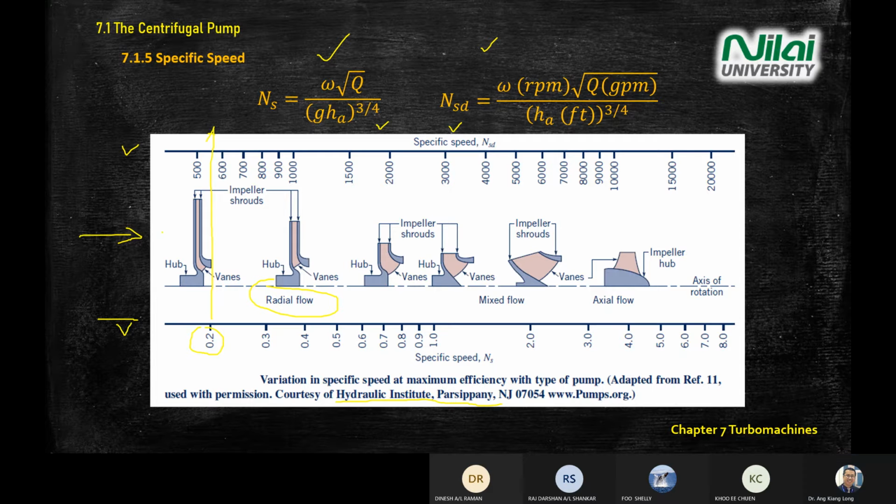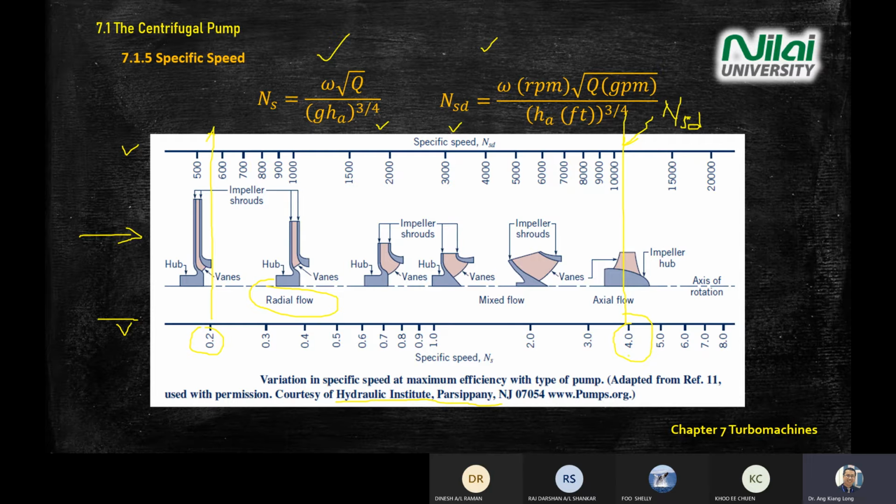Now for example, if in your calculation you get 4 for NS, you just project up, and you will get the conversion to your NSD that you communicate with your United States counterparts or colleagues.